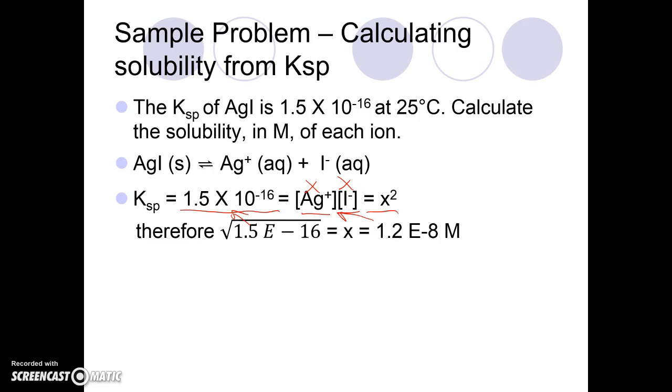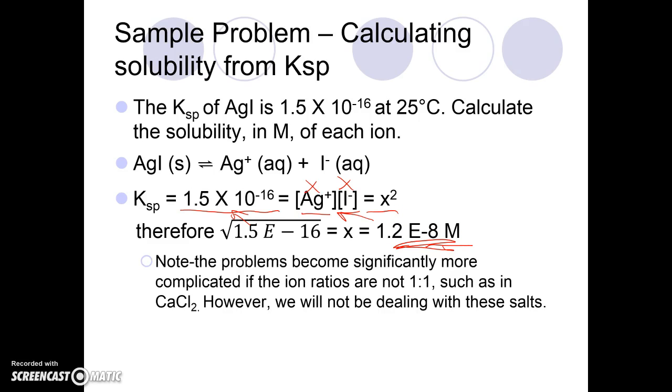So square root of 1.5 times 10 to the minus 16th is 1.2 times 10 to the minus 8 moles per liter. Now we have a unit in our answer because it's a concentration. The concentration listed is the solubility. This is how much material will saturate 1 liter of solution.